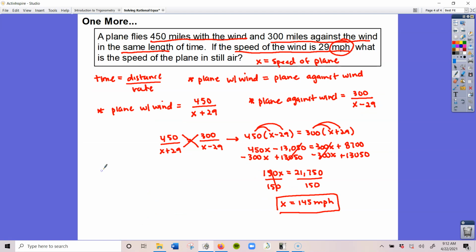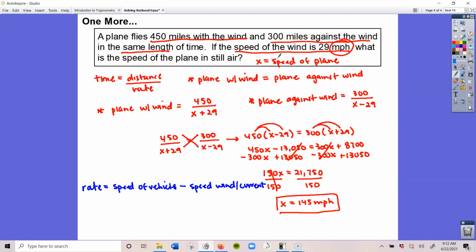So as a guideline for the denominators, when you're talking about rates, it's always the speed of the vehicle minus the speed of the wind or the current, whenever you're dealing with a problem like this about winds or currents. So always keep that in mind.